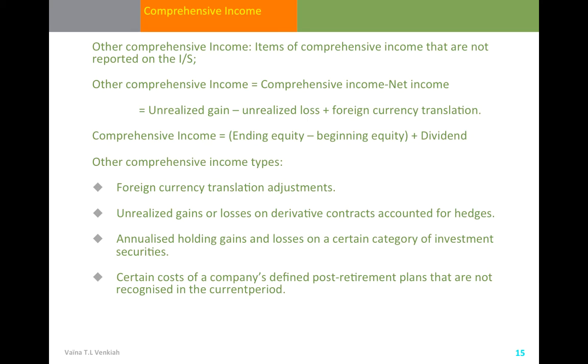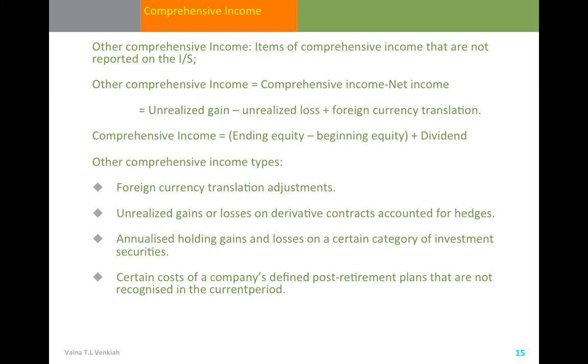Comprehensive income is equal to ending equity minus beginning equity plus dividend. So usually you can have questions where you're given ending equity, beginning equity, and dividend, and you're asked to calculate comprehensive income. You might also be asked to calculate other comprehensive income if you're given net income.